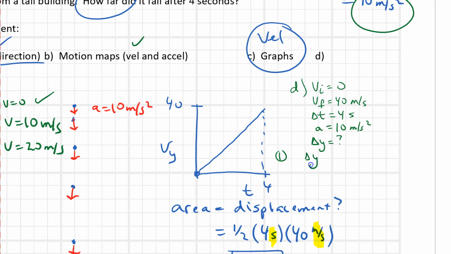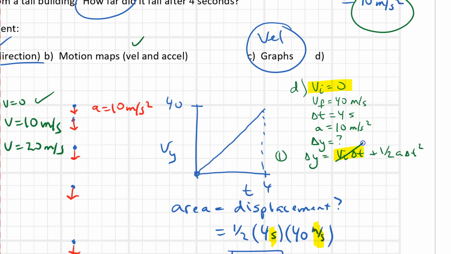I'm going to say delta y is equal to vi times time plus 1/2 a delta t squared. Now since this initial velocity here is 0, that means this term is going to turn into 0. So that's nice to be able to ignore it right away.